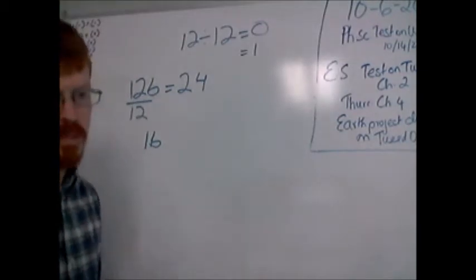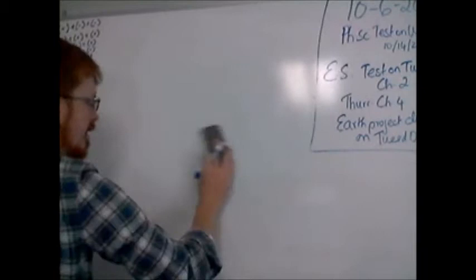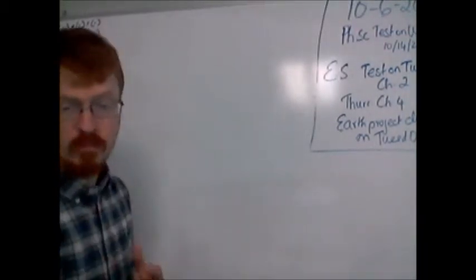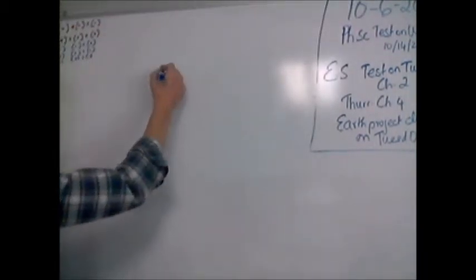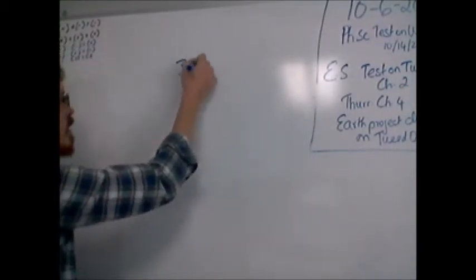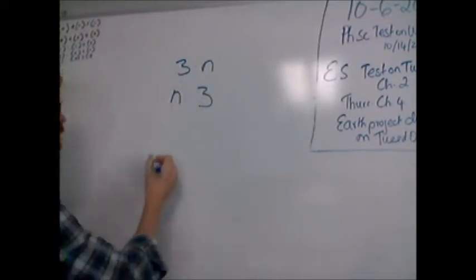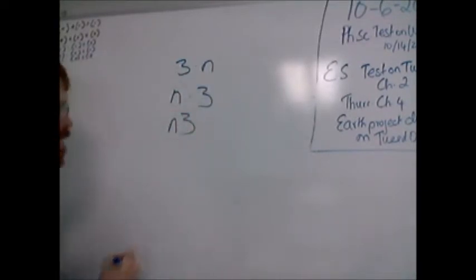Also, a lot of you wrote your homework like this, which is not wrong. Let's see, number 1, it says a number tripled, and you did 3 times n, or n times 3, or n3, things like that.